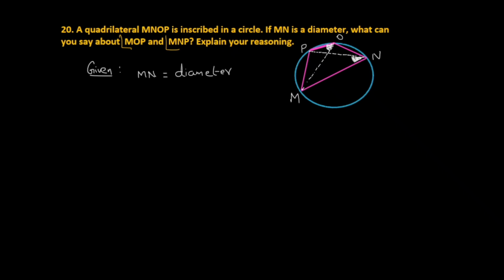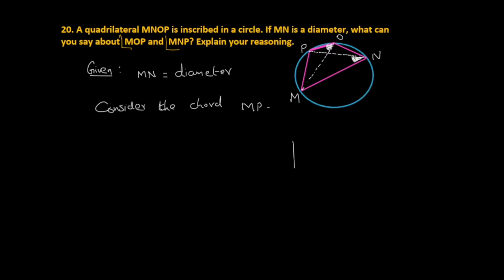What is the connection between these two angles? In the quadrilateral, MN, ON, OP and MP are chords. So consider the chord MP.